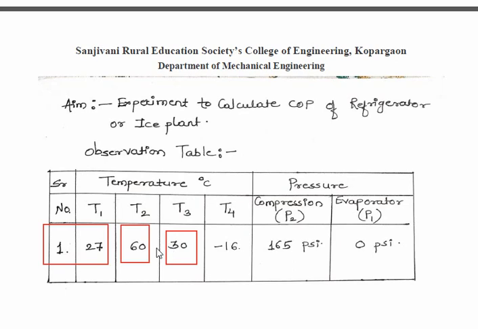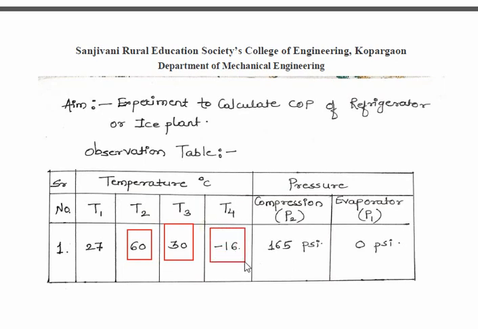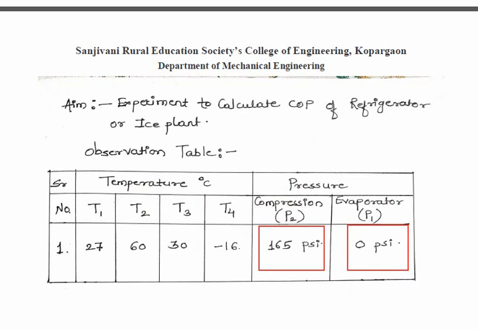Now after compression the temperature is 60, and after condensation the temperature has gone down to 30, 60 to 30. So, there is heat loss, and again T3 to T4 is the temperature after throttling. This is the compressor pressure, this is the evaporator pressure. You can see the difference.